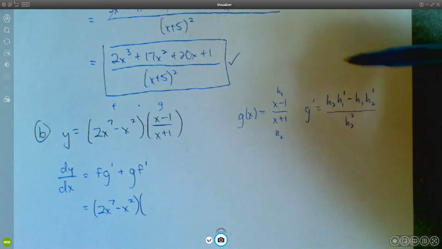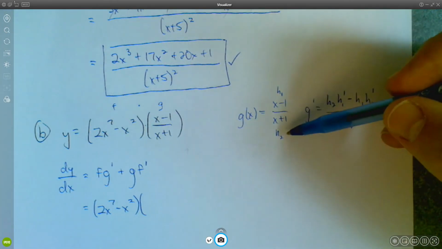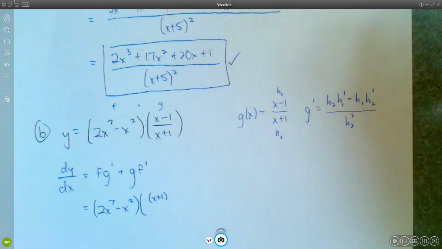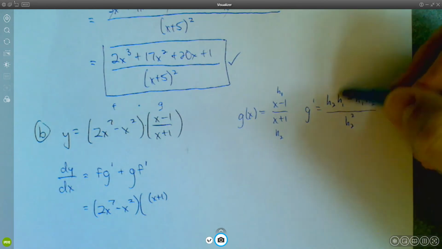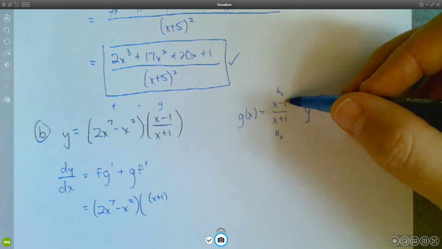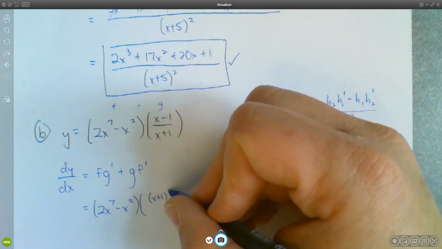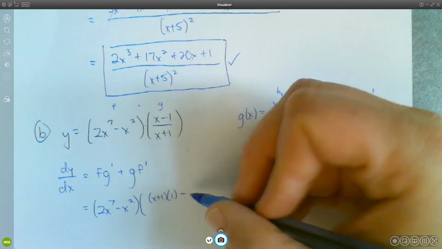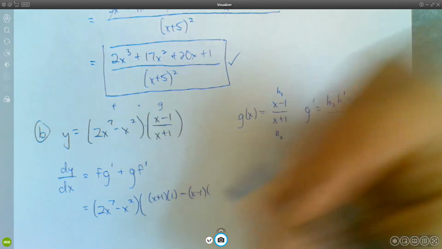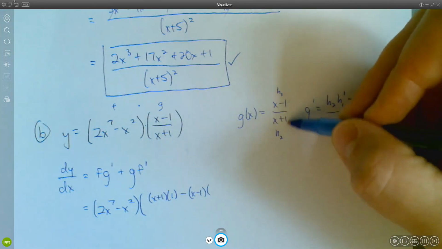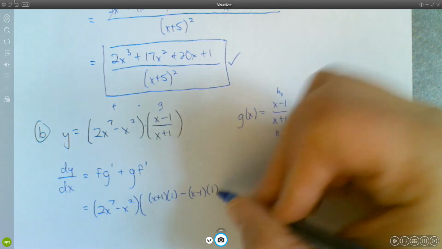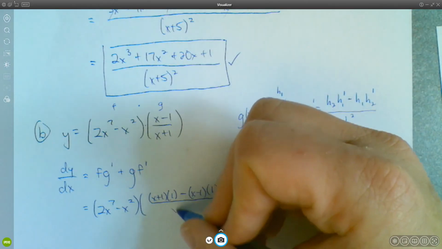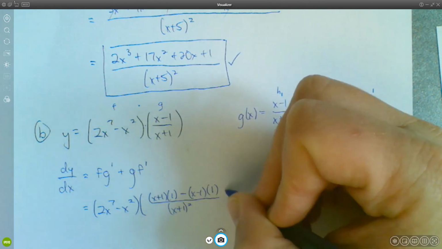Okay, so let's do that. So it's going to be low, x plus 1, times d high, so derivative of x minus 1, that's just 1, minus high, that's x minus 1, d low, so derivative of x plus 1 is just 1, over low squared, that's x plus 1 squared.